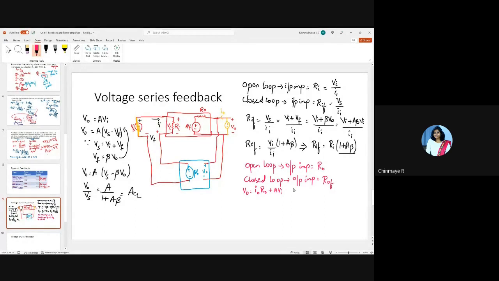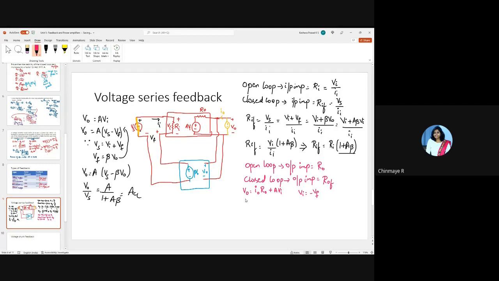But what is Vi equal to now? Can you tell me what is Vi equal to now? Vs is 0, right? So now Vi will be equal to minus Vf, because we know that Vi plus Vf is equal to Vs, right? Vs is 0. So now therefore Vi will be equal to minus Vf.